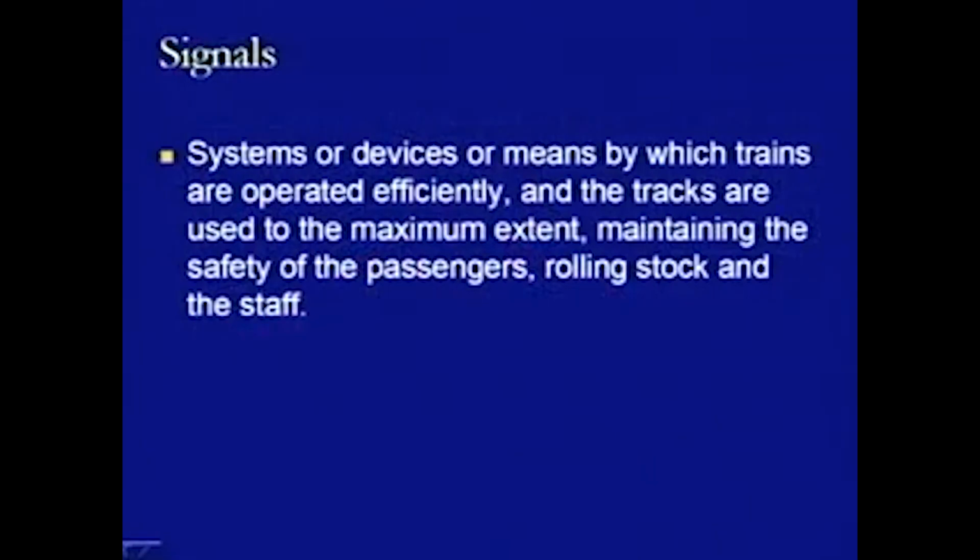We also have to maintain safety, not only of the passengers, but also of the rolling stock and the staff operating it. So, these are the two important things which need consideration: one is efficiency, the other is safety. And the devices or systems which help in attaining these are signals.